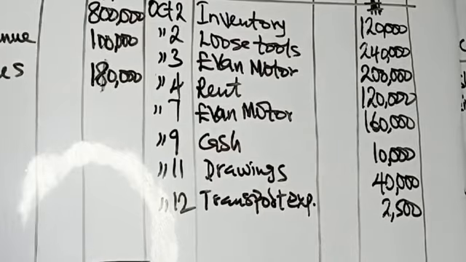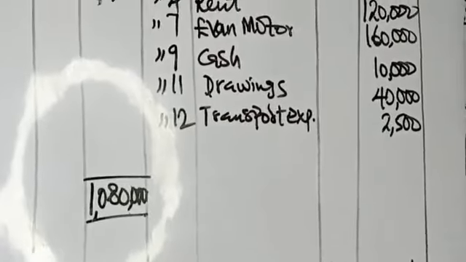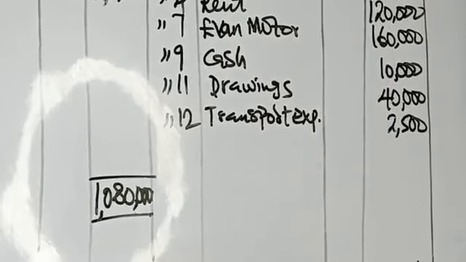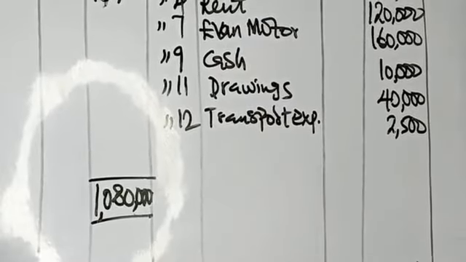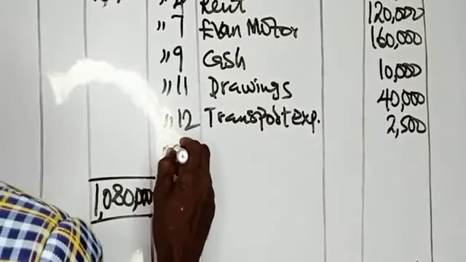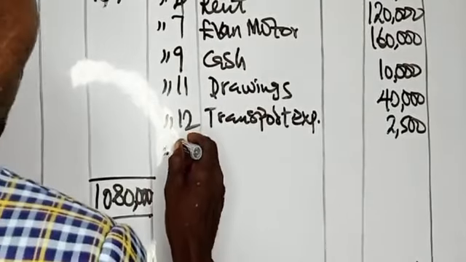And the credit side is totaled 892,500. So if you subtract it from 1,080,000, you have the difference of 187,500. The last day in the month of October is 31st.